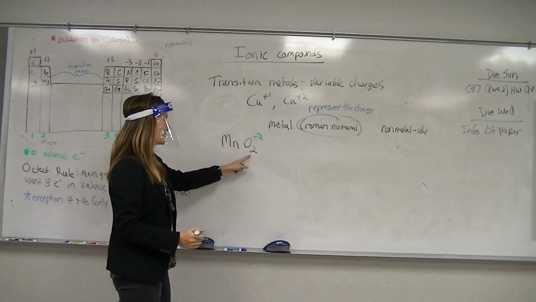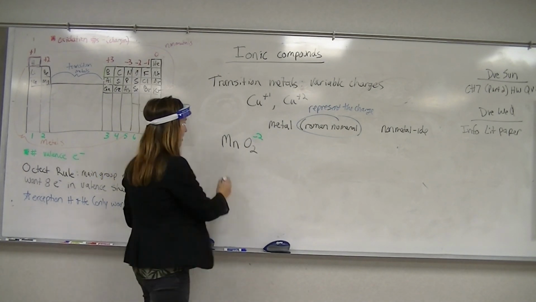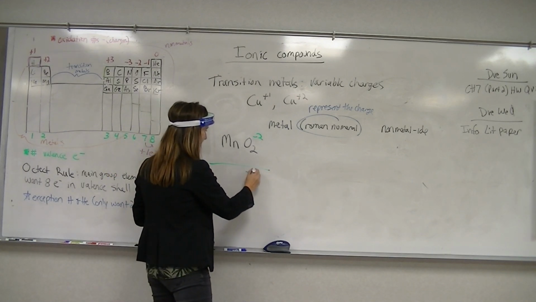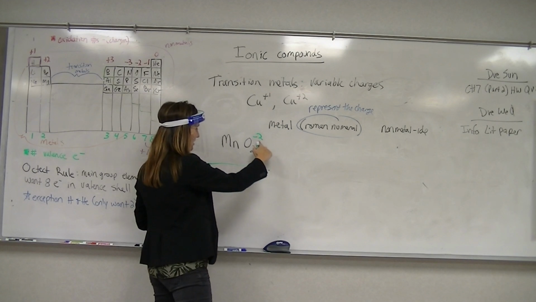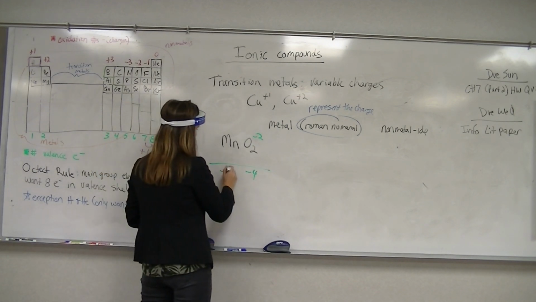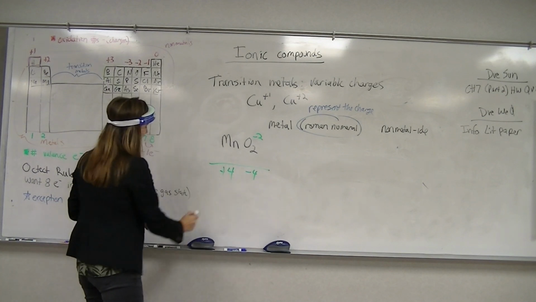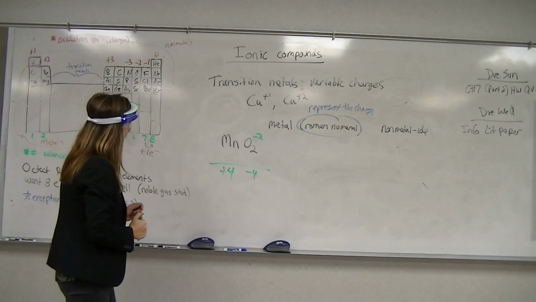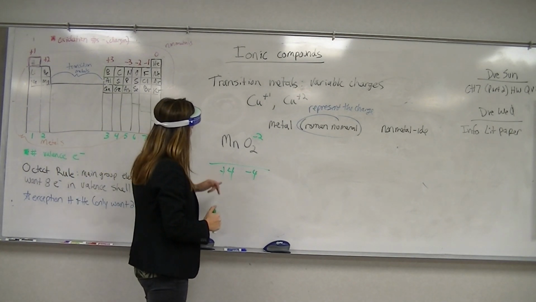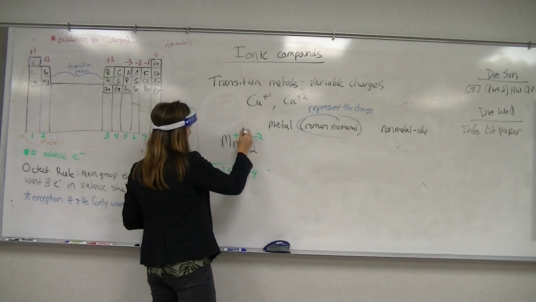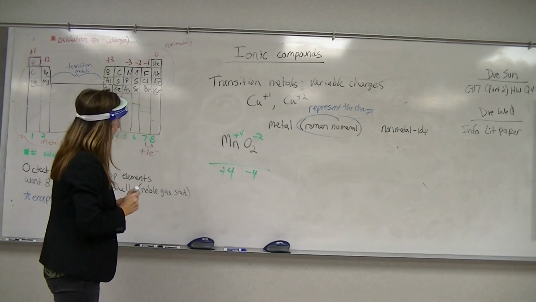But there are 2 oxygens, so what's my total on the anion, the negative side? -4: 2 atoms, each with a -2 charge, give me a -4. So that means we need a +4 on the cation side, correct? Since there's only one of them, that entire charge has to go on the metal itself.